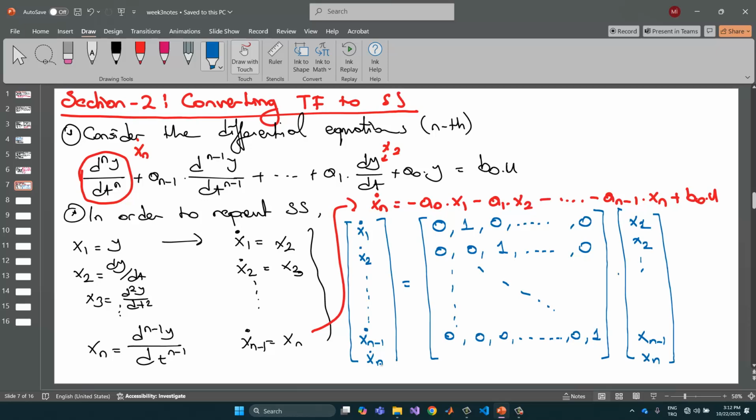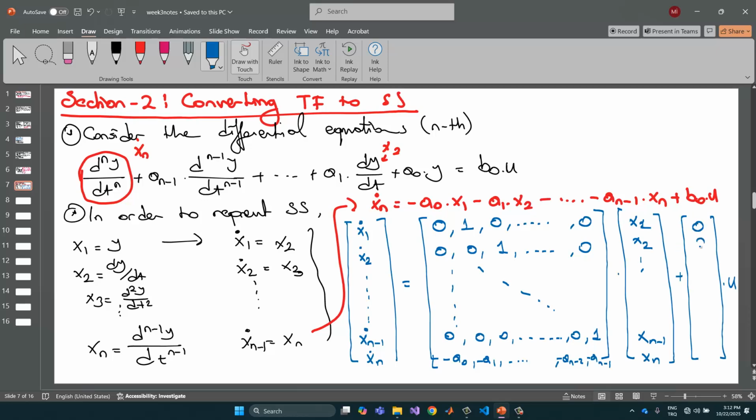Yes, minus a0, minus a1, and so on until minus an-2, minus an-1, right? This comes from this term. And so what about the input vector or input matrix in here? This is multiplied with u, right? And so does x1 dot possess the u or not?